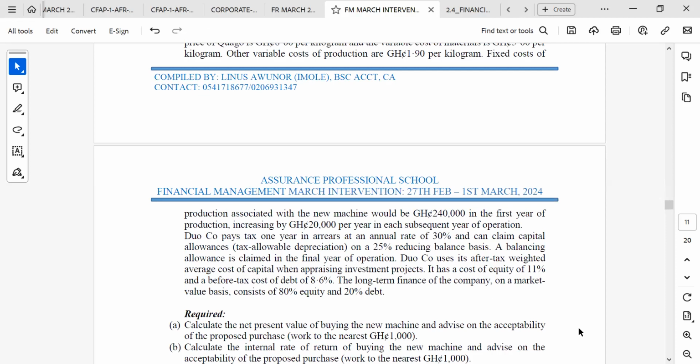How do we find the before-tax cost of debt? How do we find cost of capital? How do you find weighted average cost of capital?